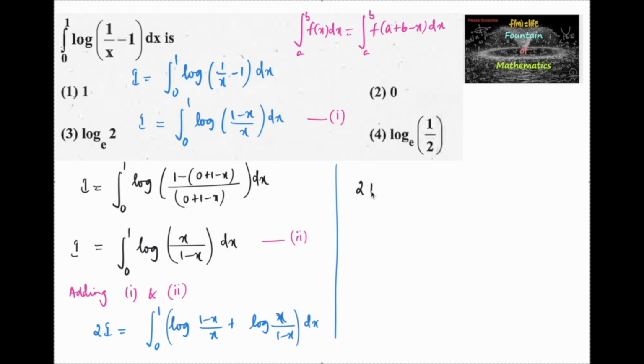So we can write 2I is equal to integral 0 to 1, log a plus log b is log ab, so log of (1 minus x) upon x into x upon (1 minus x) dx.